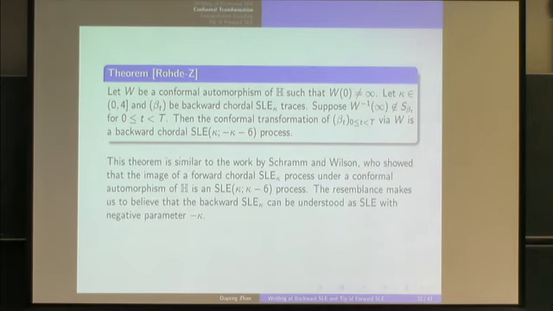This theorem is similar to work by Schramm and Wilson, who showed that the image of a forward chordal SLE kappa process under a conformal automorphism of the upper half plane is an SLE kappa kappa minus 6 process. So the resemblance makes us believe that the backward SLE kappa can be understood as SLE with negative parameter negative kappa.